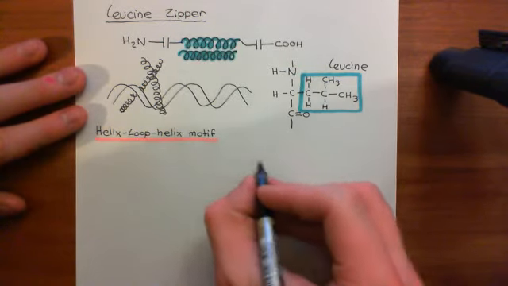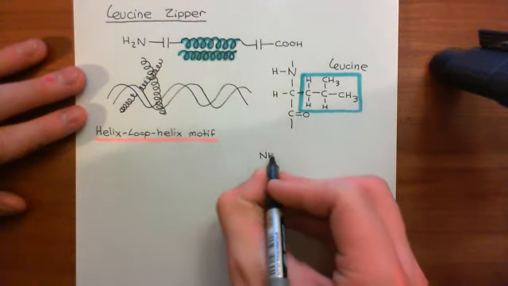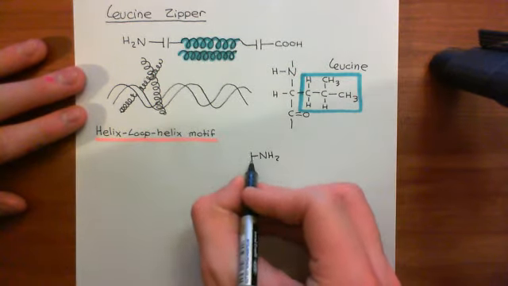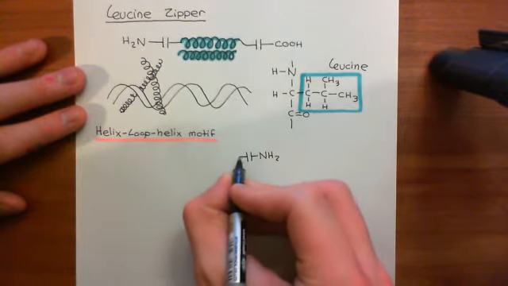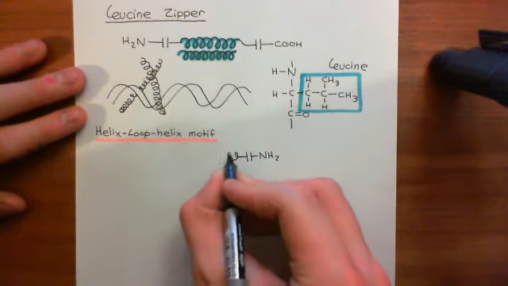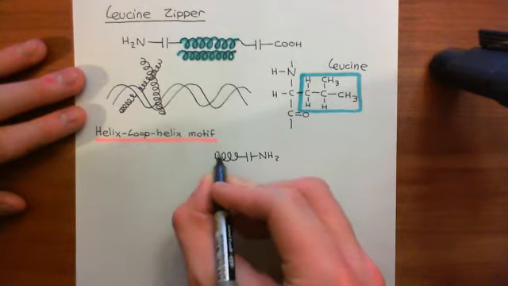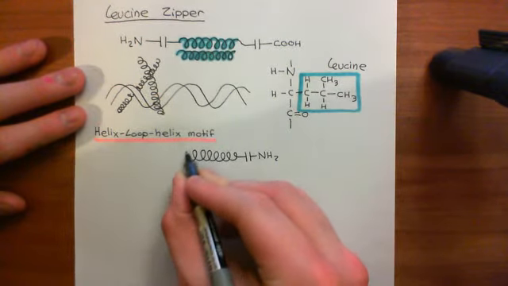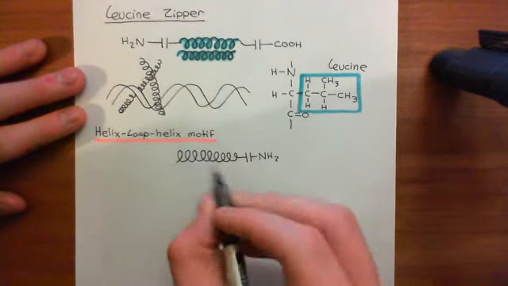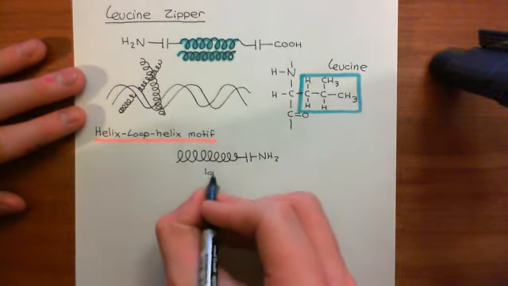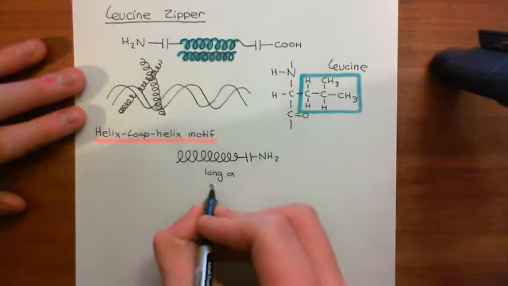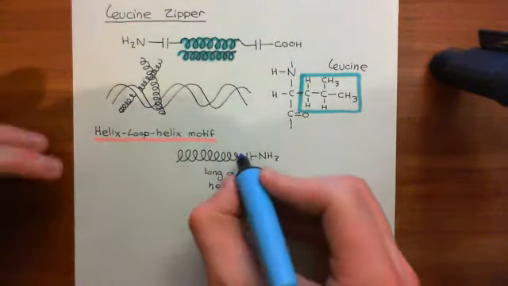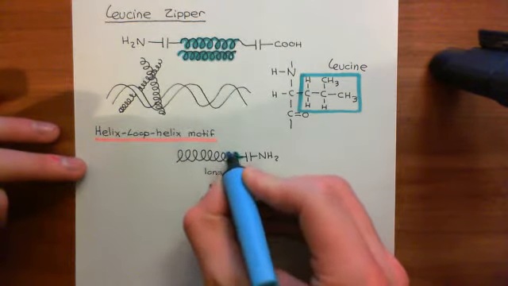You have the amino terminus here, okay, then you might have more domains in between the amino terminus and the start of the helix-loop-helix motif. So here is the start of the helix-loop-helix motif. You start off with what's known as the long alpha helix. Okay, so here we have our long alpha helix, and I will colour in the long alpha helix in blue here.